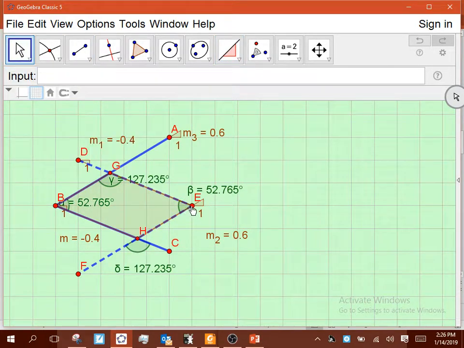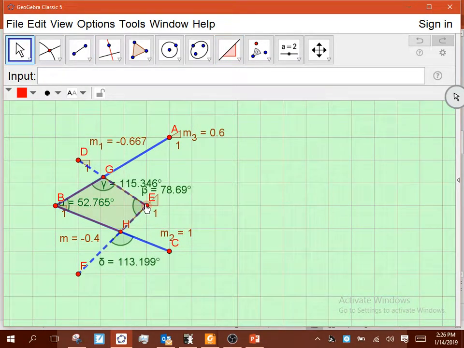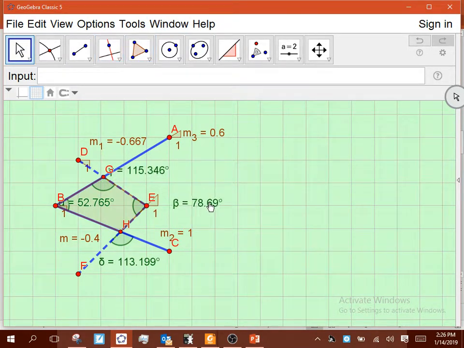If I were to move point E, did that mess everything up? Is that angle 78.69 different than 52.76? Yes. So if they're different, can it be a parallelogram? Obviously, that quadrilateral there is not a parallelogram, right?